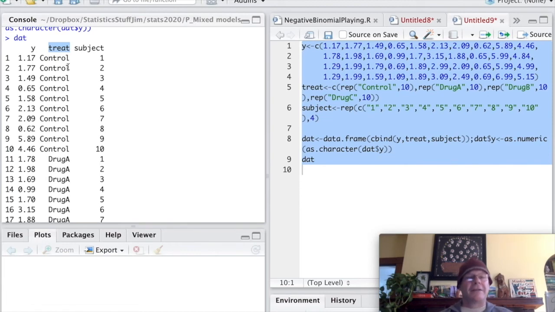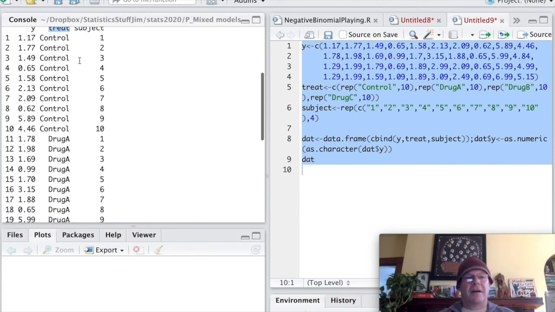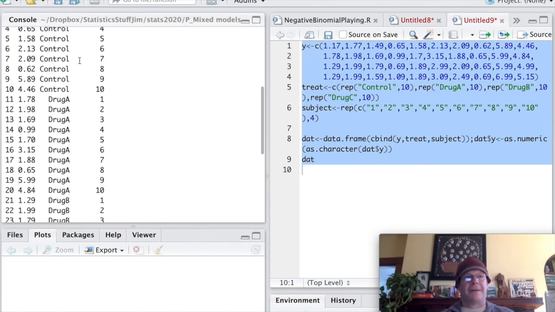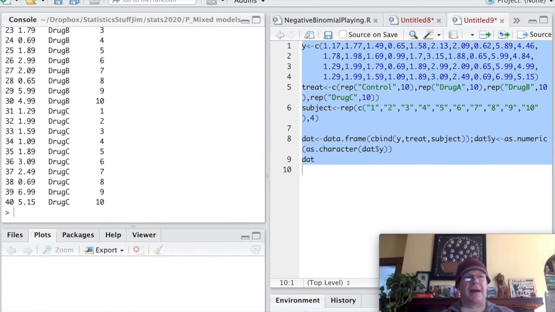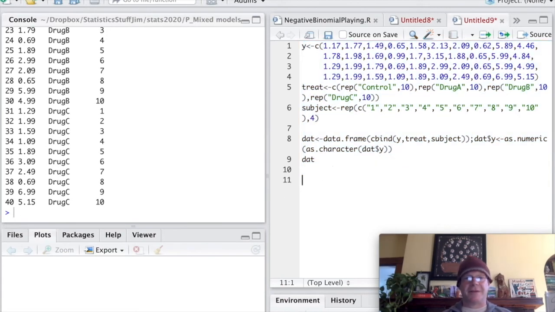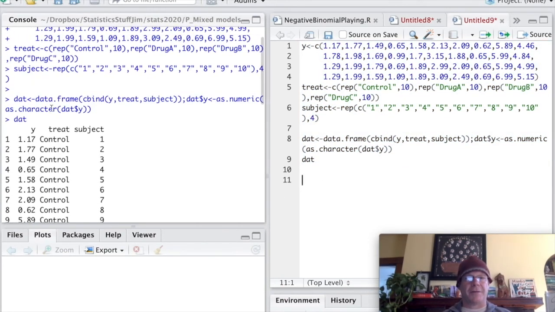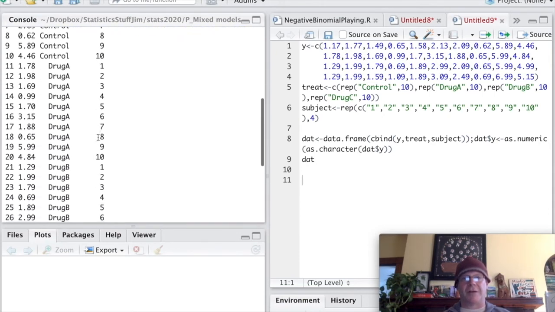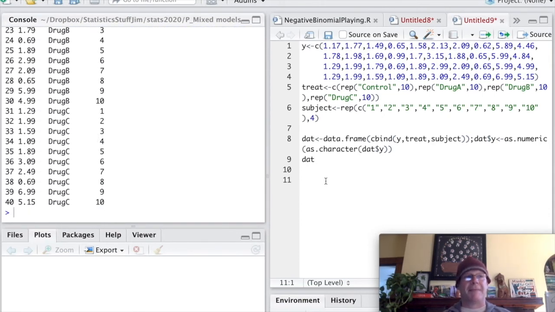Okay, and so here are our data in long form. If we're interested in a difference of our response variable across these different treatments, we might be tempted to set up a linear model where y is some function of our treatment.